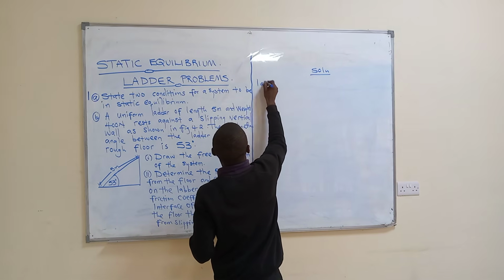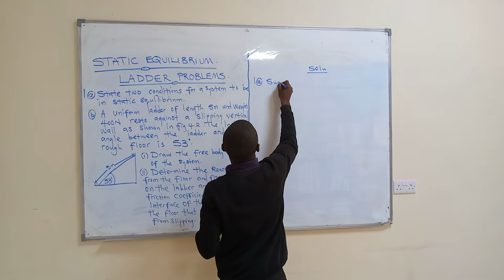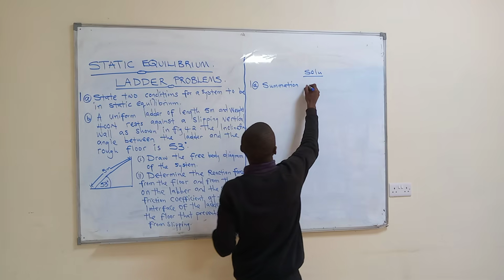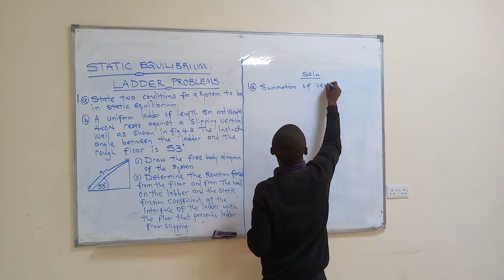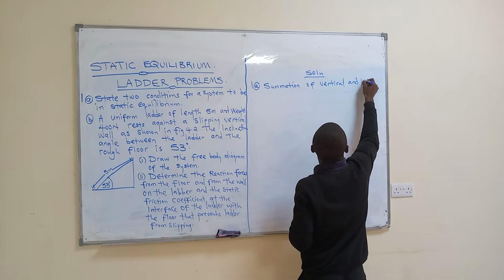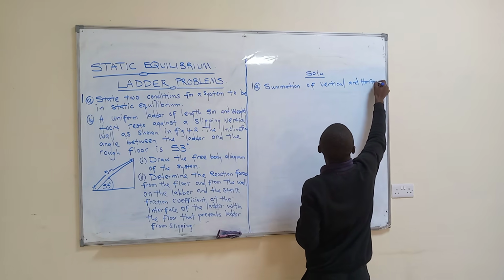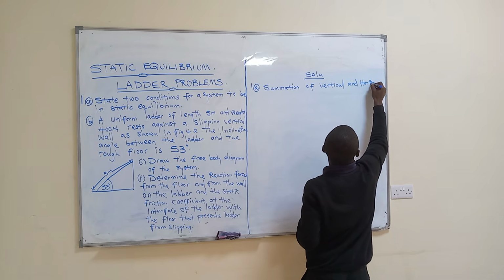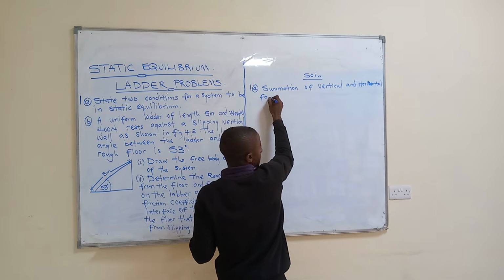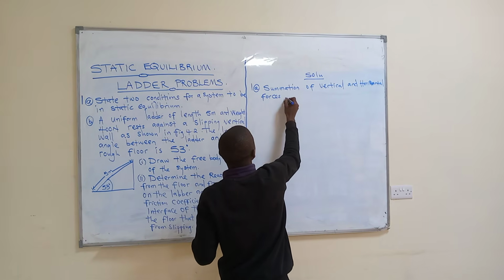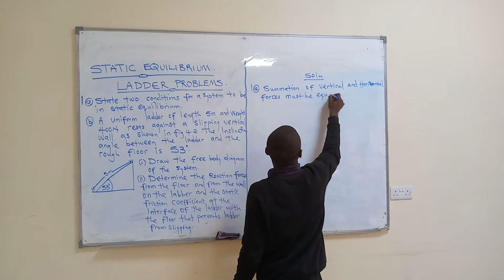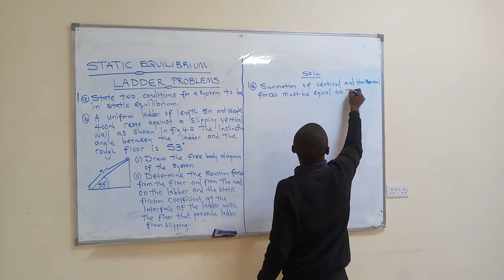So that is 1a, summation of vertical and horizontal forces must be equal to 0.